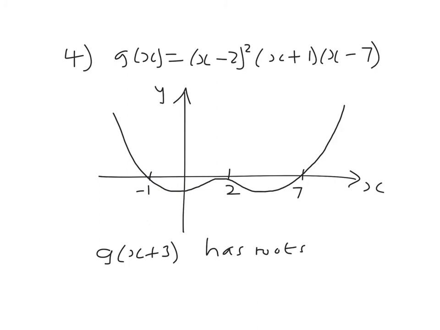So it has roots equal to 4, minus 1, which is a repeated root, and minus 4. So I've taken 3 away from 7 to get 4, 3 away from 2 to get minus 1, 3 away from minus 1 to get minus 4. Remember that this graph, g of x plus 3, is the whole graph translated 3 units to the left.